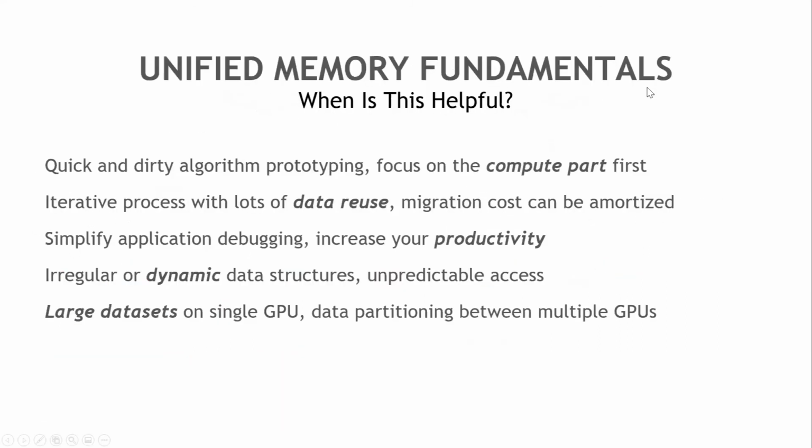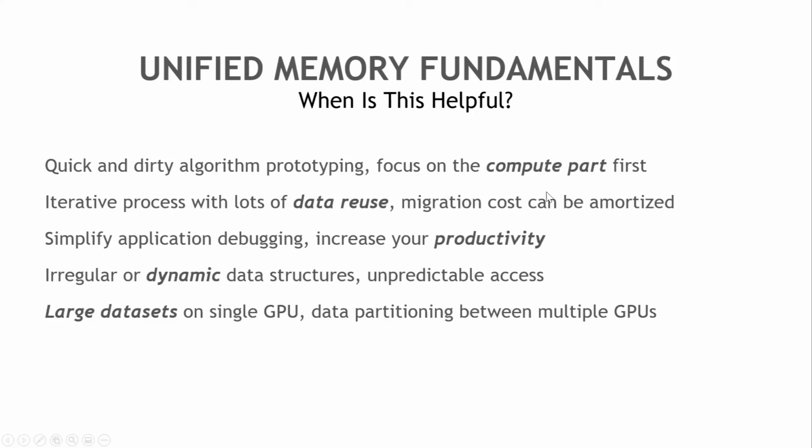So unified memory is, I think, really helpful because you just need to focus on the compute part at first. When you run the profiler, and we'll get an example later, you can figure out if there is more optimization you can do on the data migration.